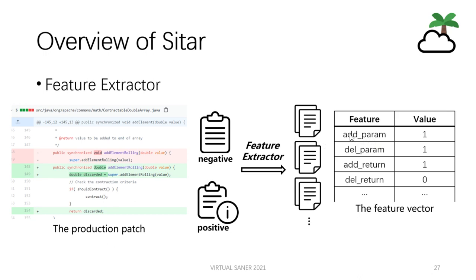That means one parameter line is added and also one parameter line is deleted, so one parameter line is edited. But there's only one added return line, so we record add return 1. Since there are no deleted return statement lines, delete return is 0. In total, we select 9 types of language constructs, and there are 18 features in total.